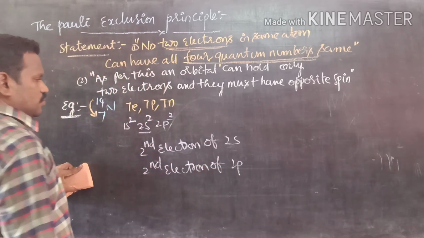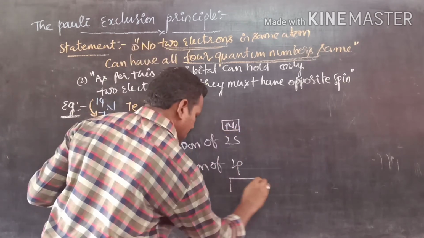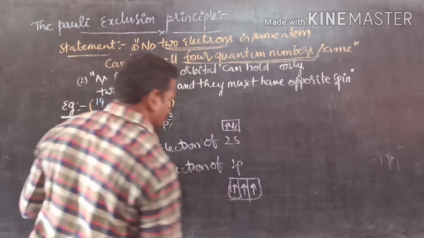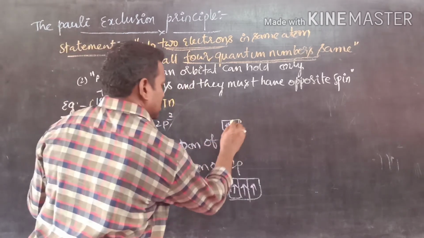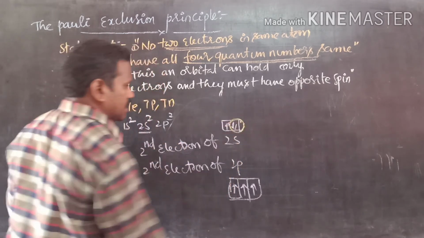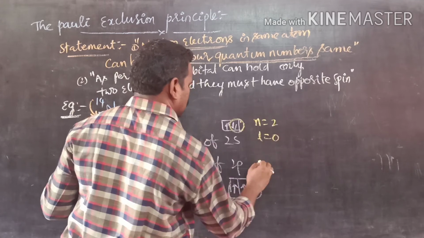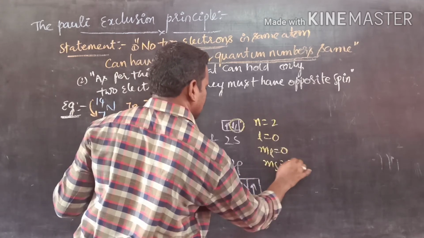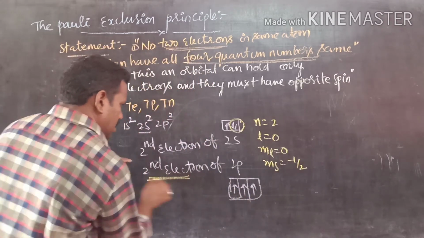If we represent the 2s like this, 2p we can represent like this, 1, 2 and 3. Now I require the second electron of 2s. This is the second electron of 2s. Then n is equal to 2, l is equal to 0, ml is equal to 0, ms is equal to minus half. Now the second electron of 2p.